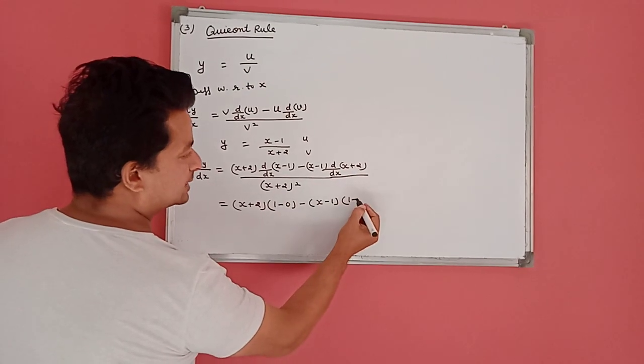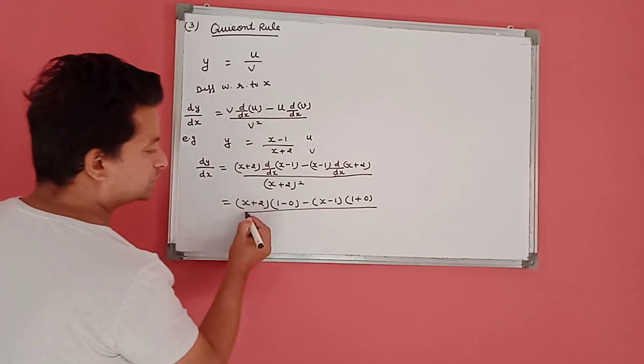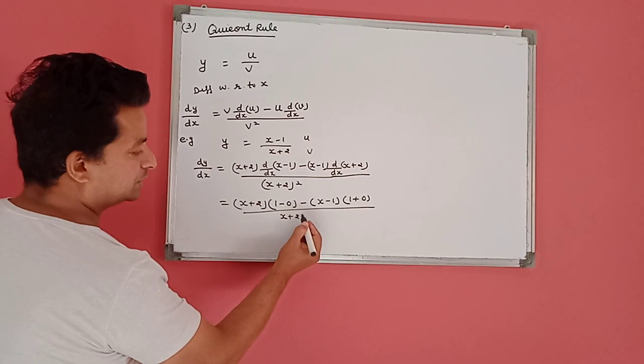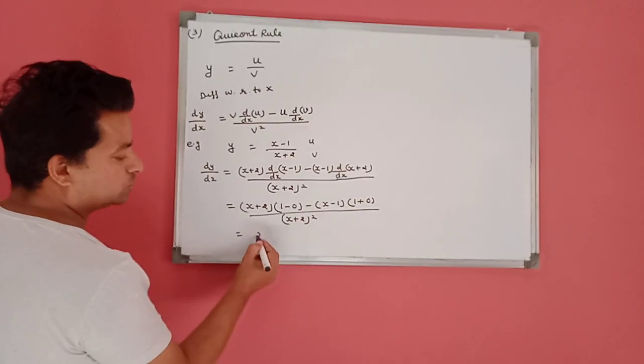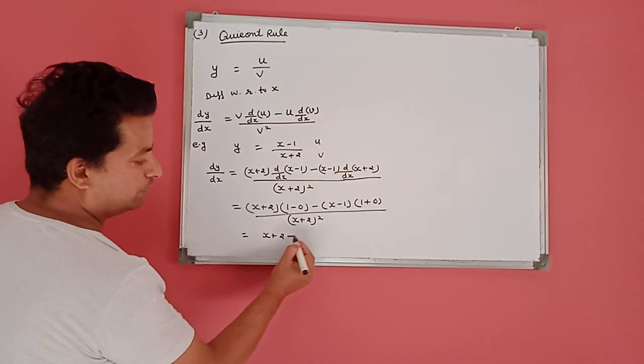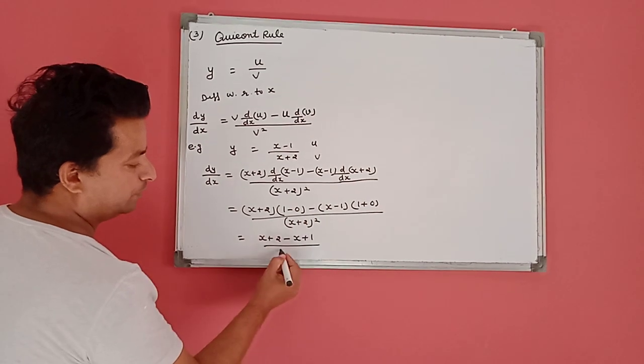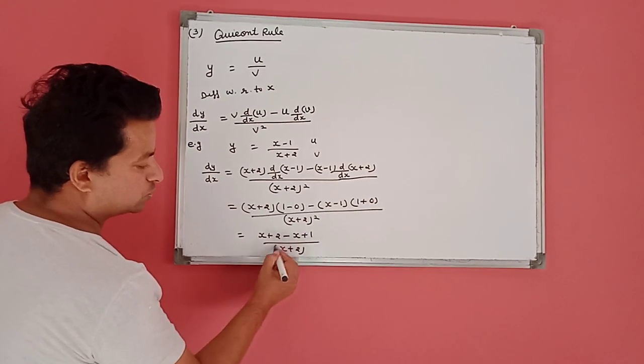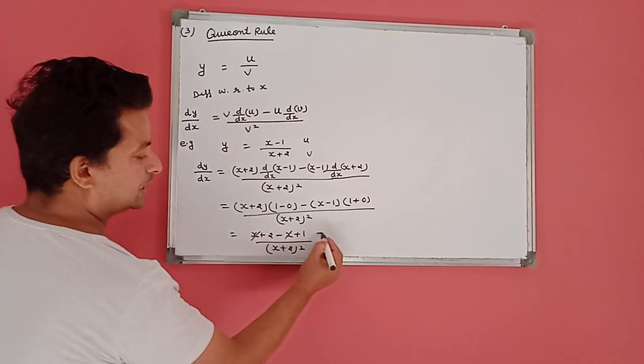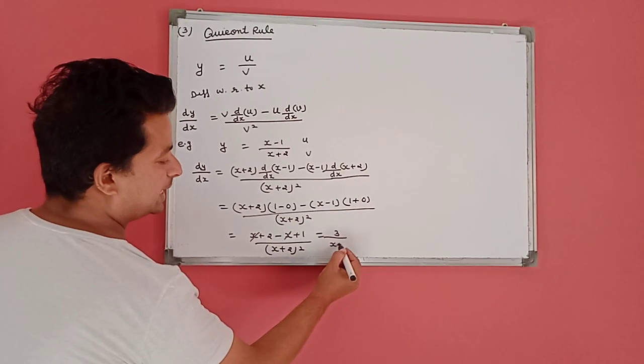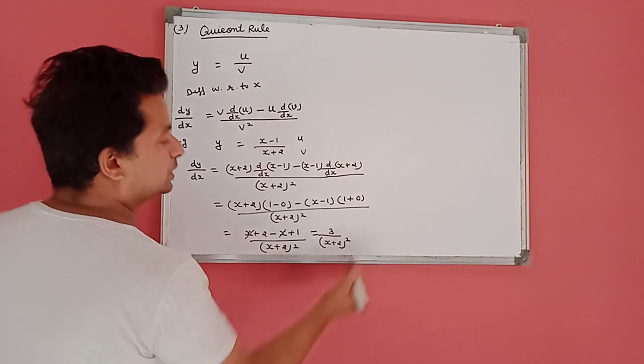The differentiation of x is 1, 2 is a constant, its differentiation is 0. So (x + 2) minus (x - 1) upon (x + 2) whole squared. This cancels out, and this becomes 3/(x + 2)^2.